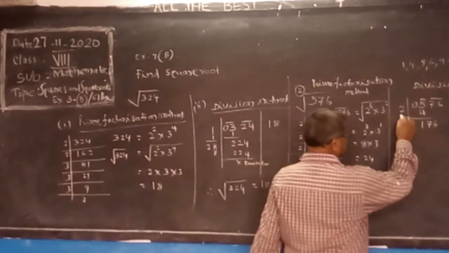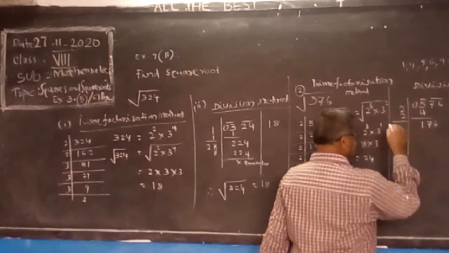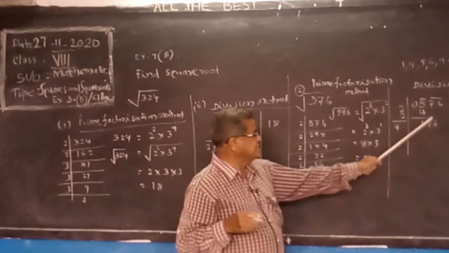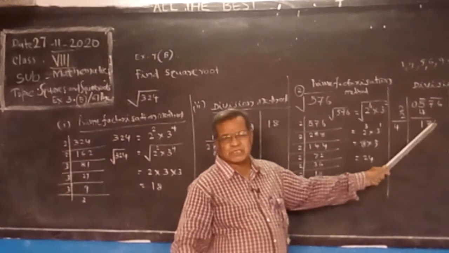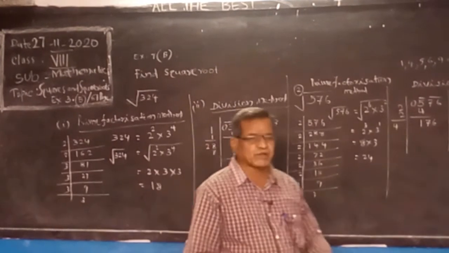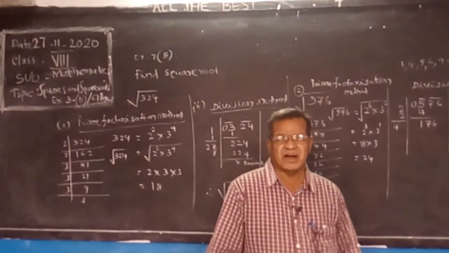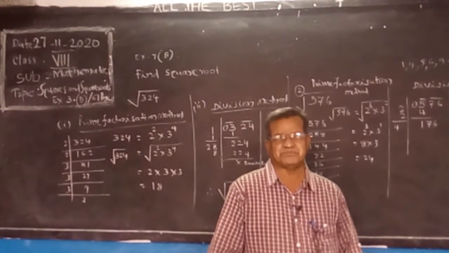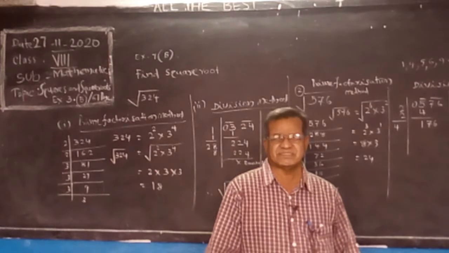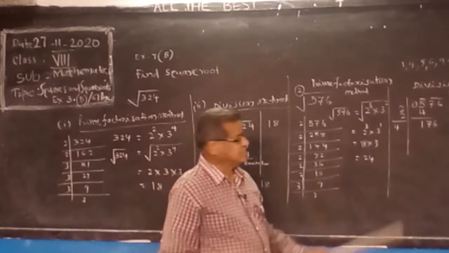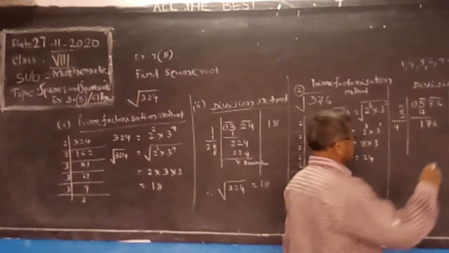Repeat the same number, 4. And the last digit is 6. The possible numbers come from 4 fours are 16 or 6 sixes are 36, so the possible numbers are 4 and 6.